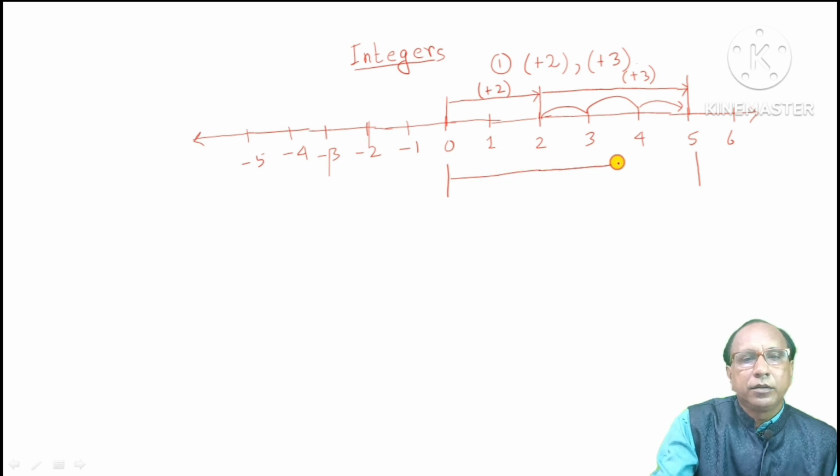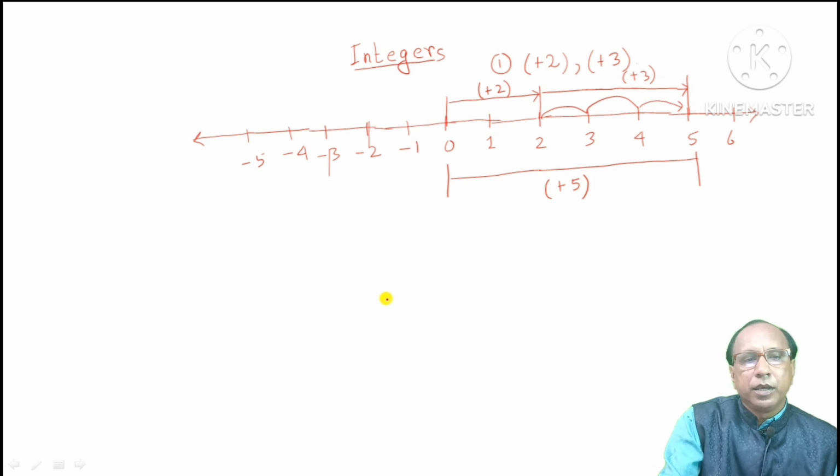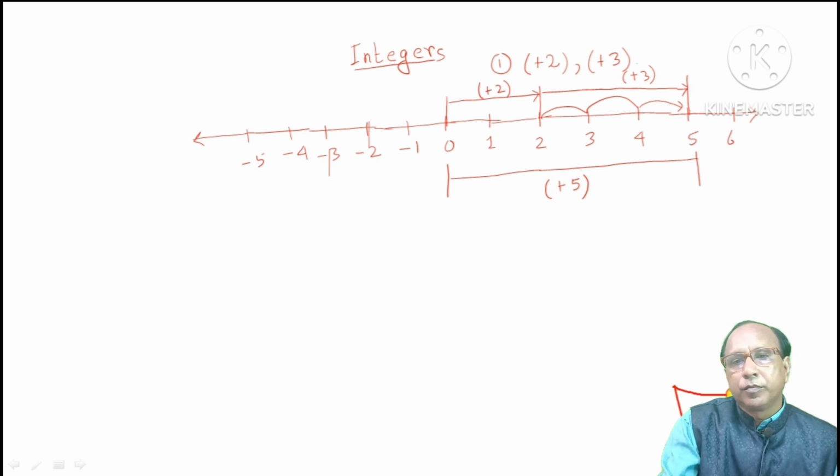If we want to add +2 and +3 on a number line, first of all we make a straight line. Give arrows on both sides.